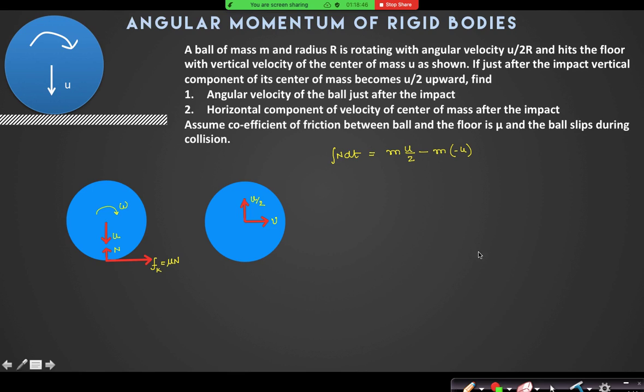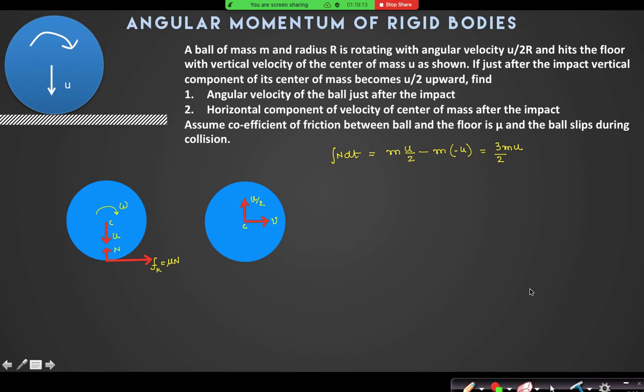The impulse of this vertical force, the normal reaction, changes the vertical component of the center of mass velocity. Vertically it becomes u by 2, initially it was u. So is it 3mu by 2? Yes, sir.